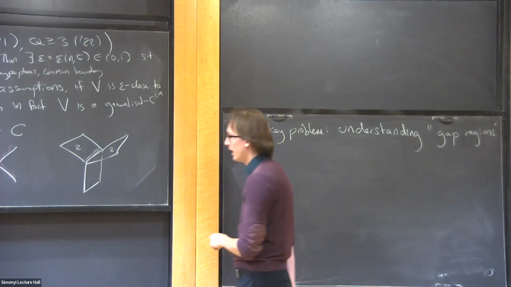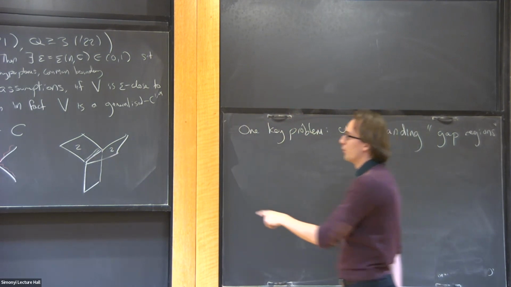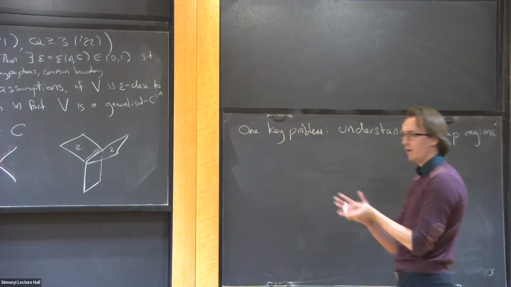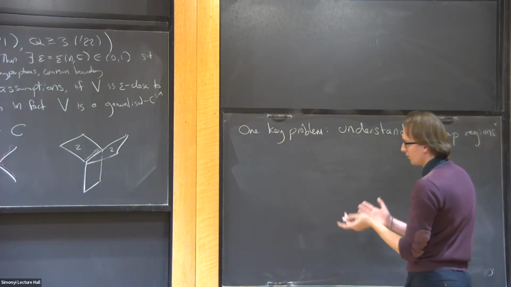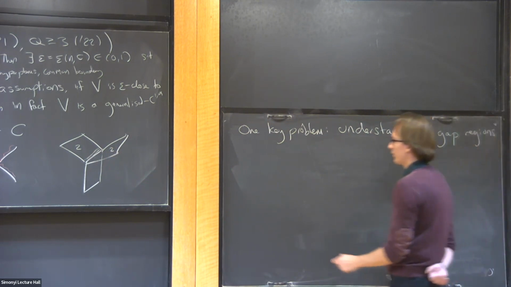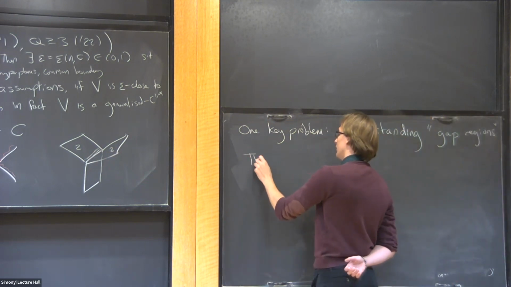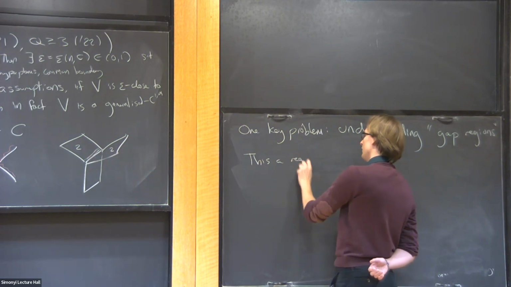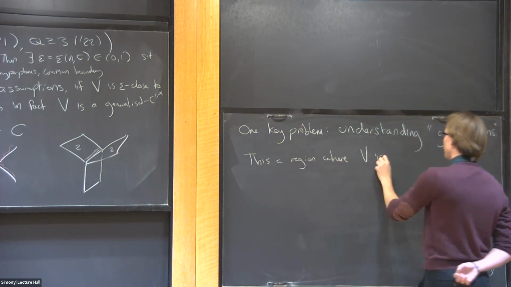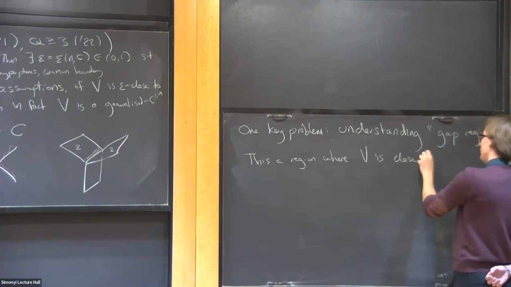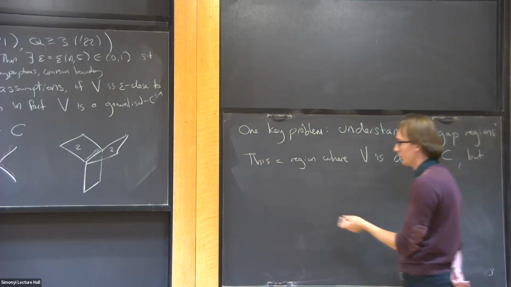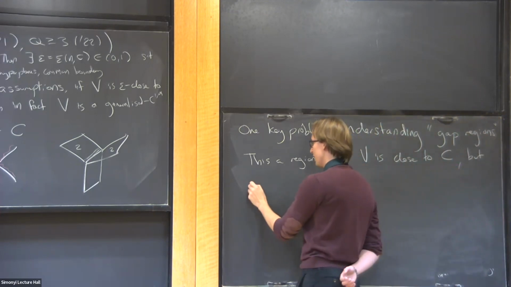So I don't actually have, in this setting, any points of density 5 halves. So we're talking about 5 half hyperplanes or half submanifolds with boundary put together. So this is a region where B is close to C, but B does not have the same symmetries as C, essentially.